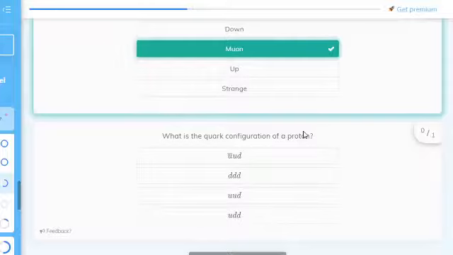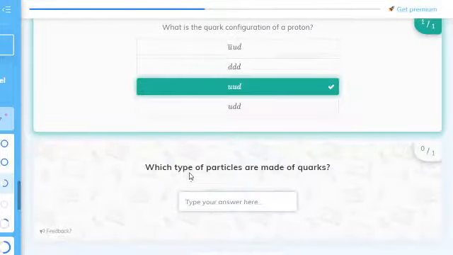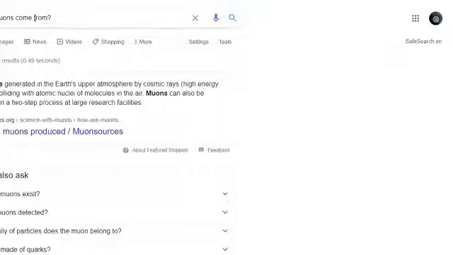What's the configuration of a proton? 2 ups, 1 down. What type of particles are made of quarks? Baryons. Protons. Oh, nucleons. Let's find out, Google this one again.